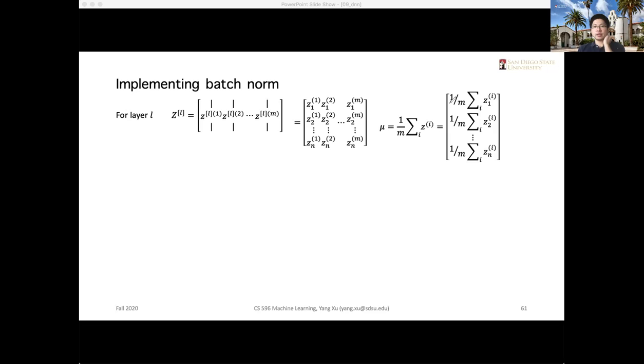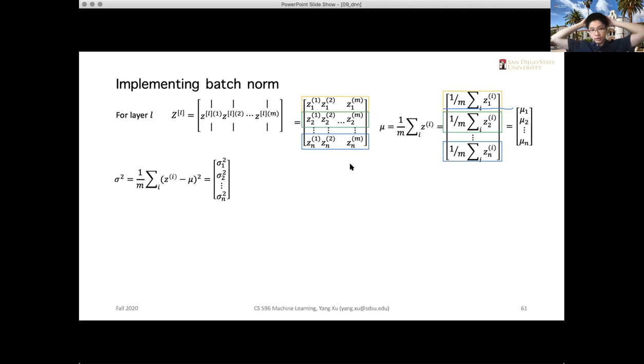We have m examples, so we compute the mean for each unit by summing up all the elements in that row and then dividing by m. So it's like a per-row mean of the z's. That is how we obtain mu, and mu is also a vector that has n components.